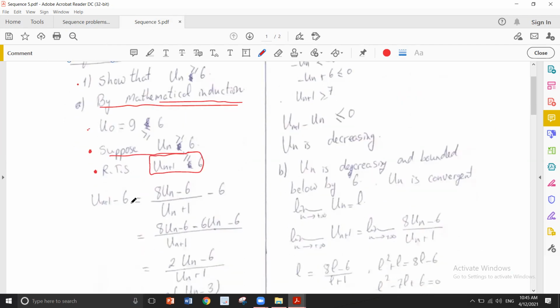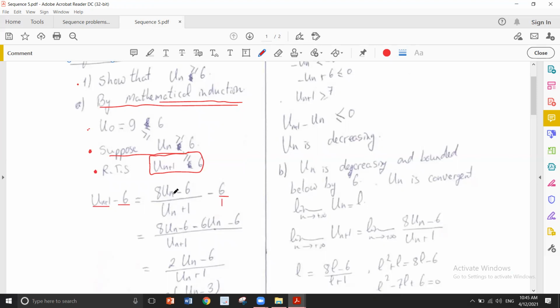So I take the difference un plus 1 minus 6. un plus 1 is replaced by its value, 8 un minus 6 over un plus 1, minus 6. The LCM is un plus 1.